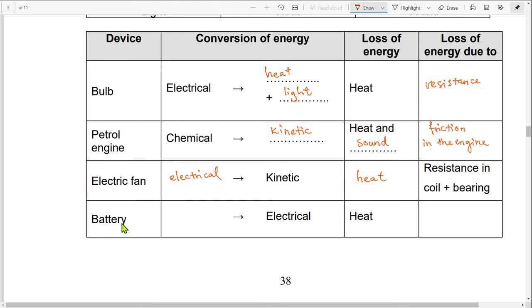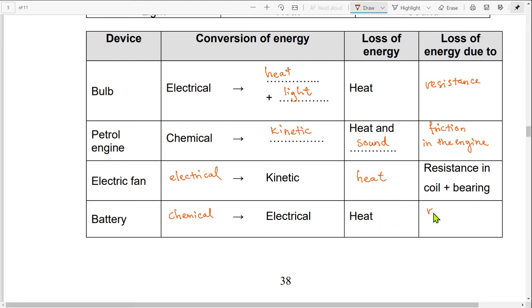Alright, battery is to produce electrical, right? But what comes before electrical? What do we have in the battery? We have electrolyte. Alright, so electrolyte is a chemical. So we start with chemical energy, being transformed into electrical energy. Okay, and we do have loss of energy, that will be in terms of heat. Why?